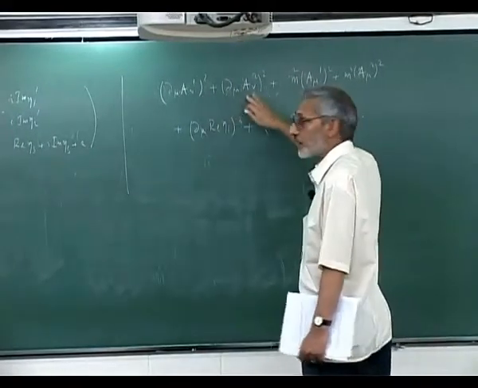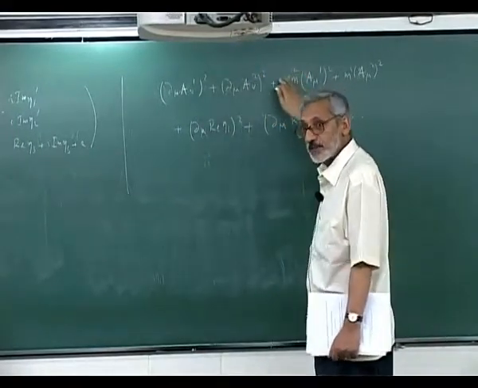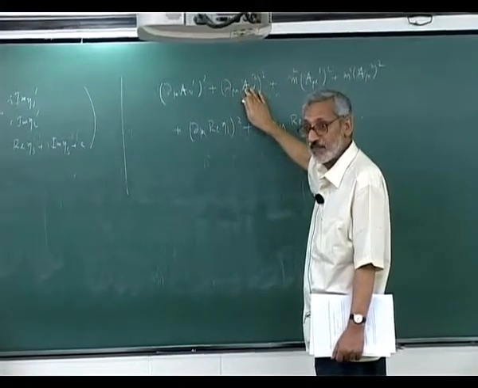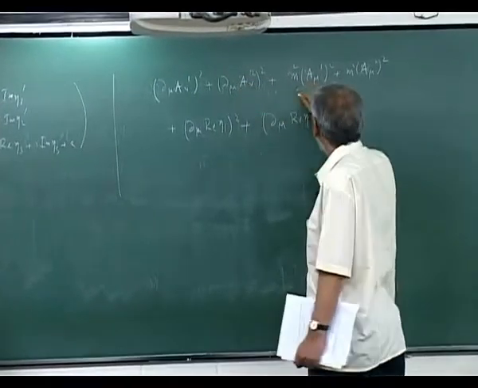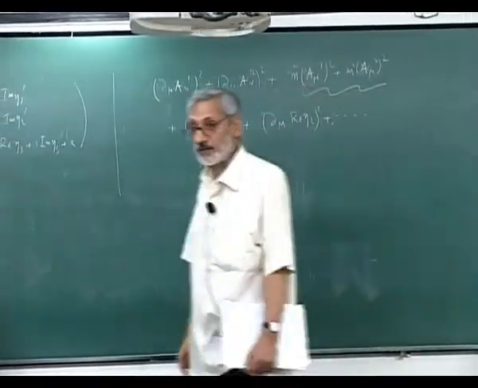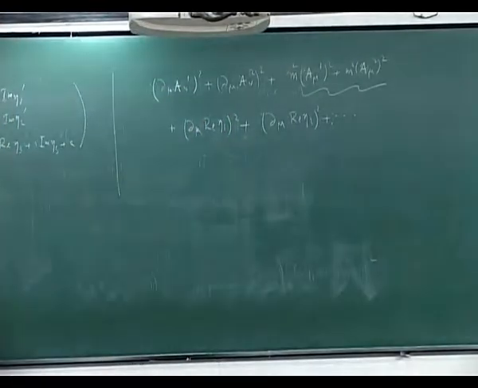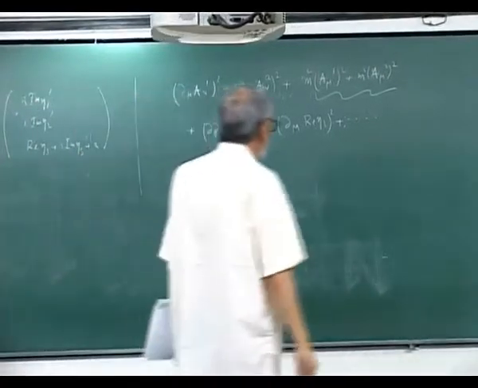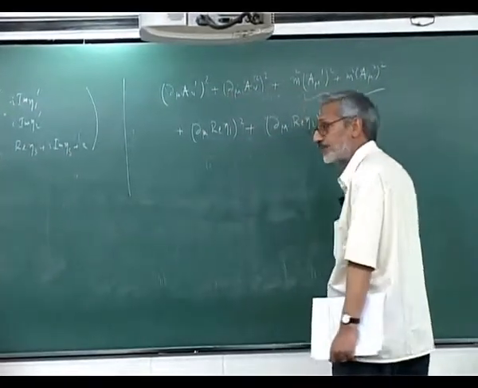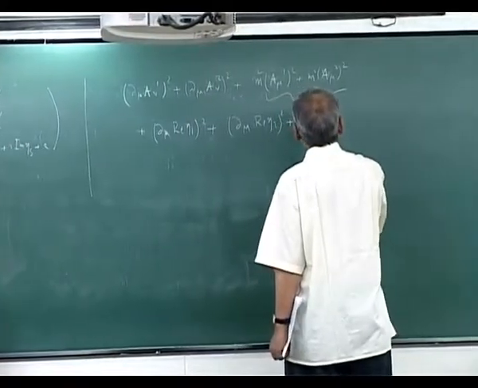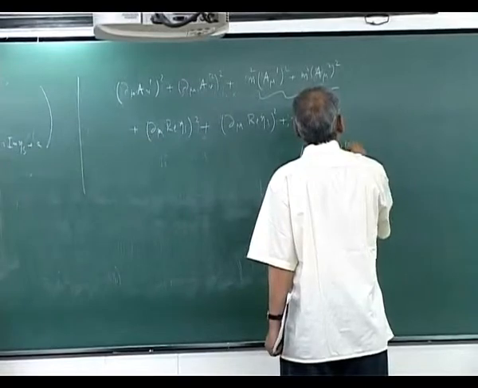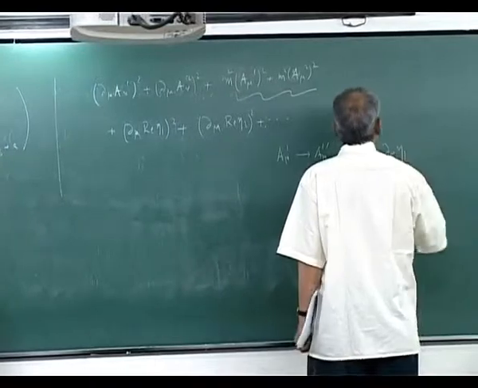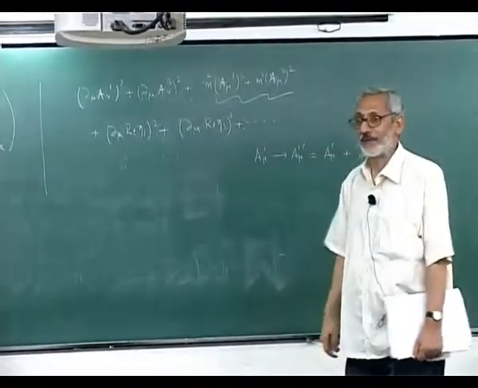Now this combination is part of a gauge invariant combination. It has all the other pieces also, because it's an F square piece. That's gauge invariant. But this object that you have gotten is not gauge invariant. So if I make a gauge transformation on this now, changing A mu 1 to A mu 1 prime, which is old A mu plus a derivative of eta 1, maybe some constant that you would need here.